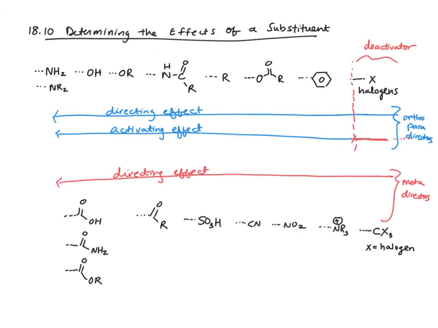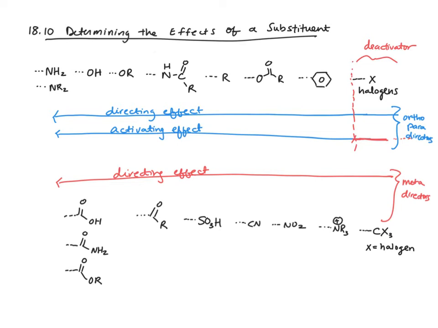I made a slide that shows the directing effect, as well as whether things are ortho-para or meta directors. So everything in blue is an ortho-para director, and the farther something is to the left, the more directing the effect is, and the more activating the group is.